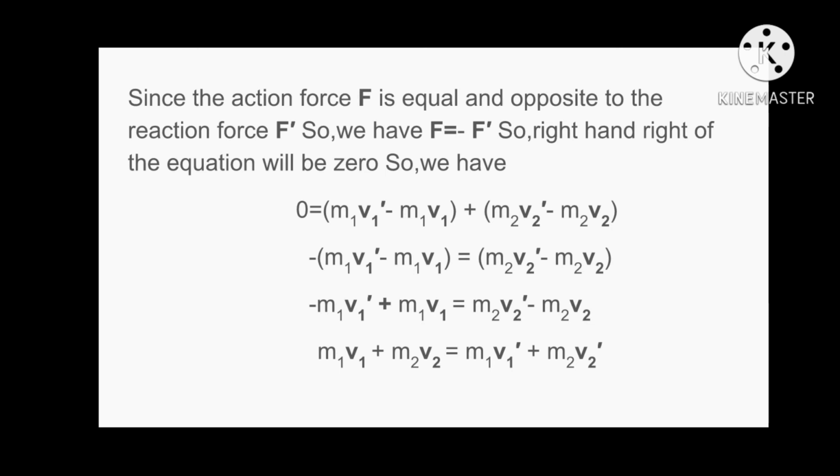In the next step, we move minus m2 v2 from the right side of the equation to the left side, and minus m1 v1 prime from the right side to the left side. So we write m1 v1 plus m2 v2 is equal to m1 v1 prime plus m2 v2 prime. So this law states that the total initial momentum before collision is equal to the total final momentum after collision.